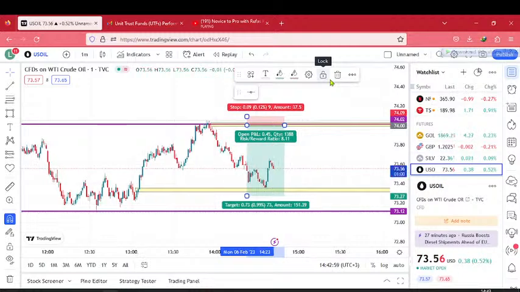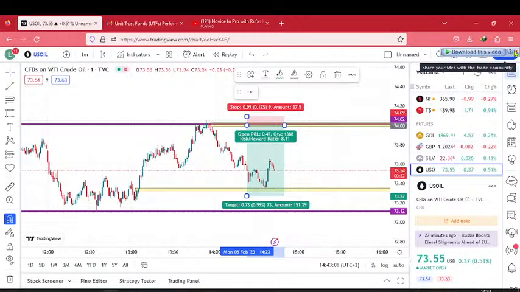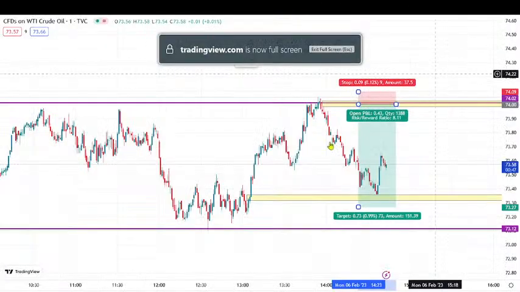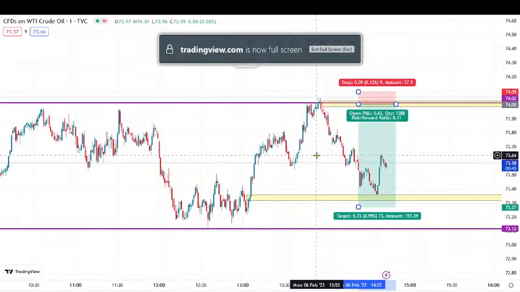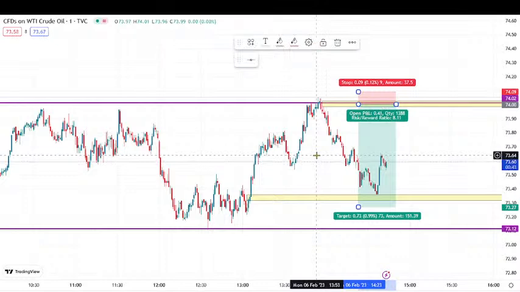You just use the crosshair tool to measure the number of points. From the entry point to your stop loss, this is potentially 1488. Let's use 1500, a round number, to make it easy. So you'll be risking 1500 points. But if you're right and you win, you're making around 3000 points.